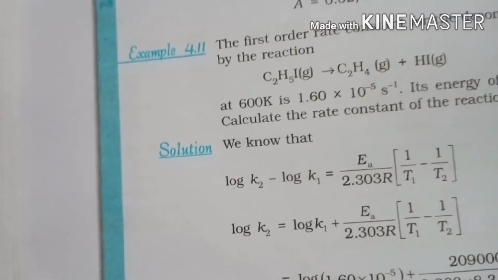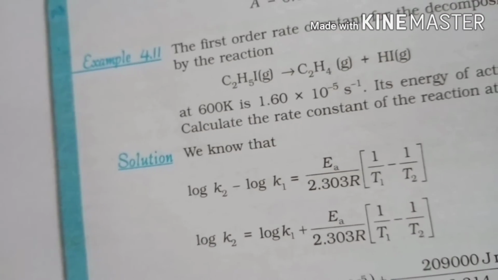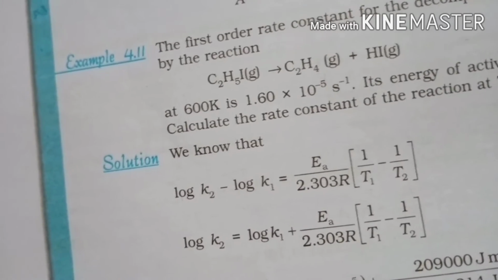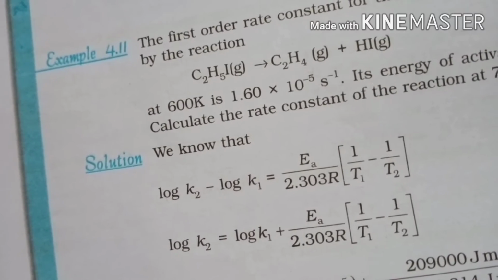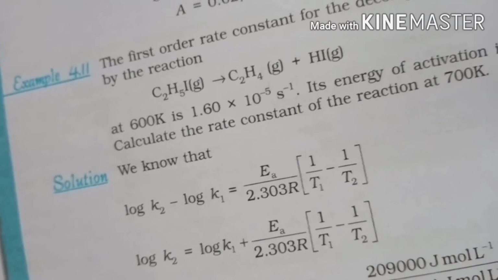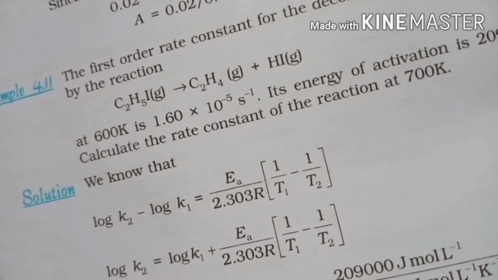Now for this one also, log of K2 minus log K1 equal to EA by 2.303 R, then 1 by T1 minus 1 by T2. Then log of K2 equal to log of K1 plus EA by 2.303 R, then 1 by T1 minus 1 by T2.